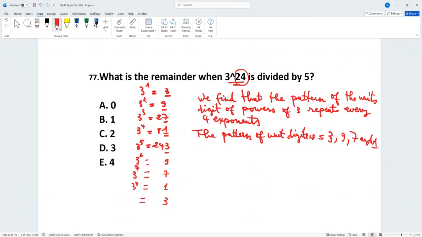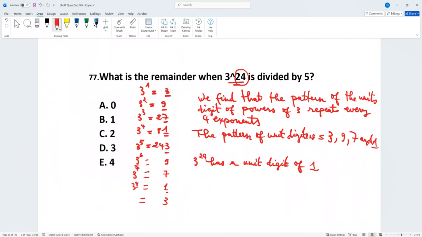So every power whose exponent is a multiple of 4 is going to have a unit digit of 1. As you can see, for 4 it's 1 here, and for 8, it's also 1. So that means that 3 to the power 24 has a unit digit of 1.